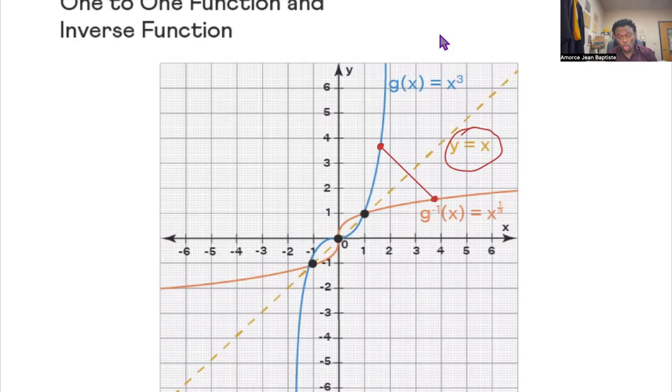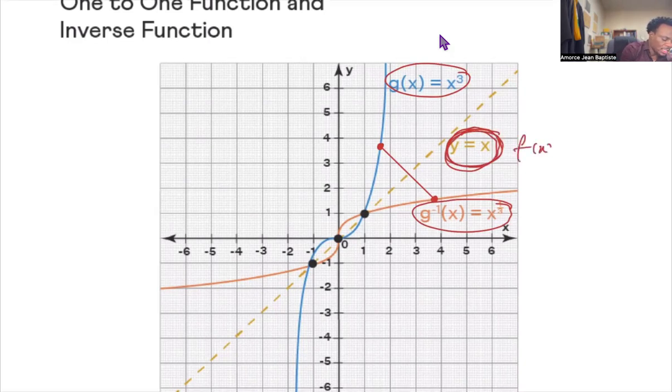So what I'm trying to show you here is that the function and its inverse are symmetric about the line y equals x, or f of x equals x. They are symmetric.